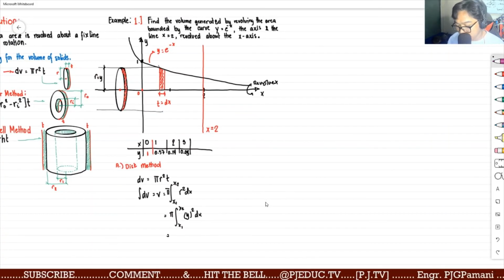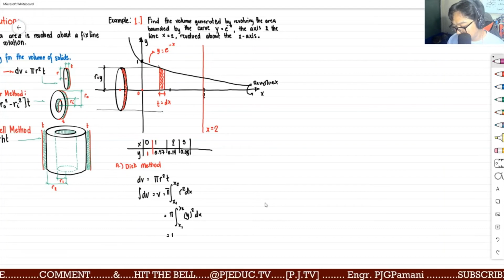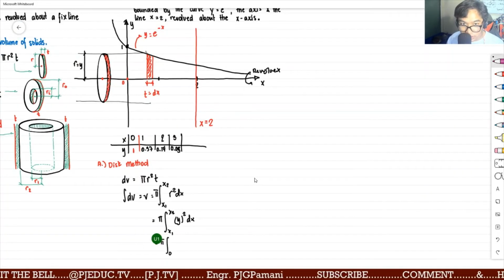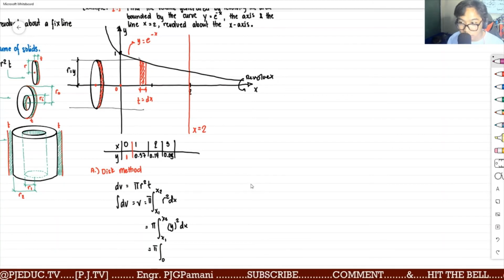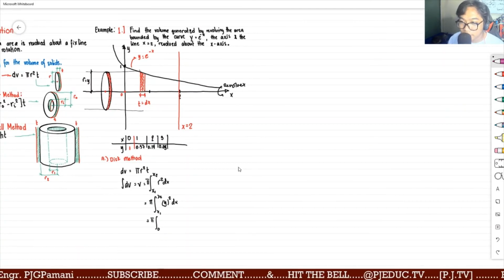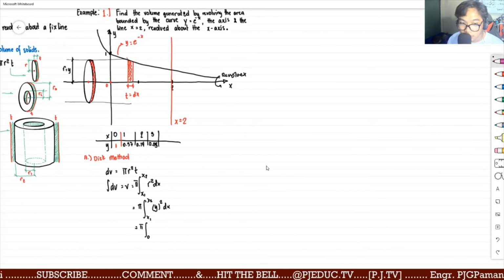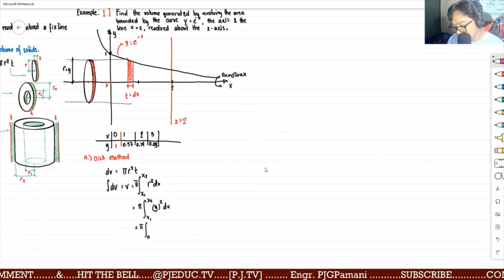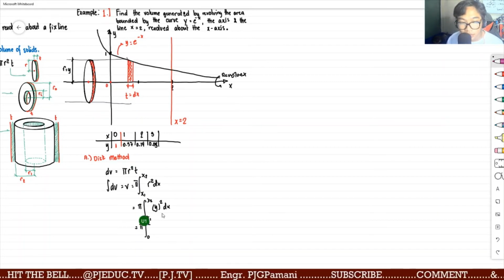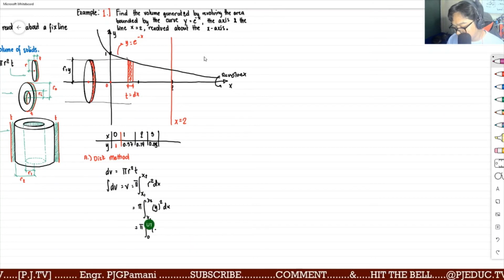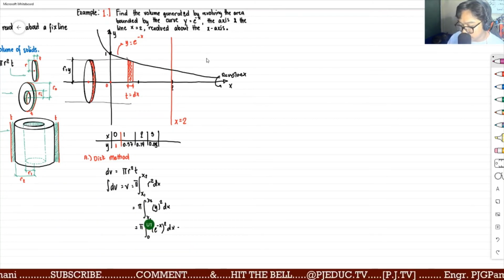So, that will be our limits. Lower limit is simply equal to 0 and the upper limit is now equal to 2. Then y, we know y is simply equal to e raised to negative x, then square dx. Simplify that.